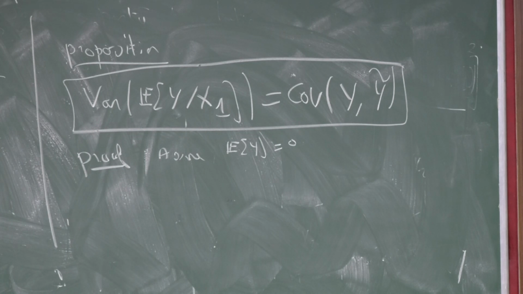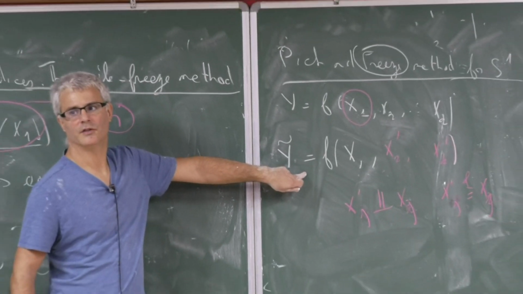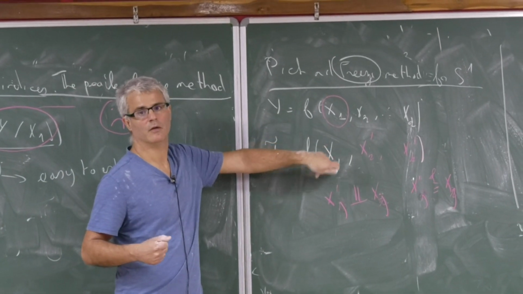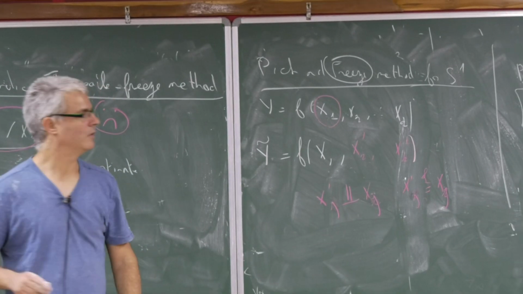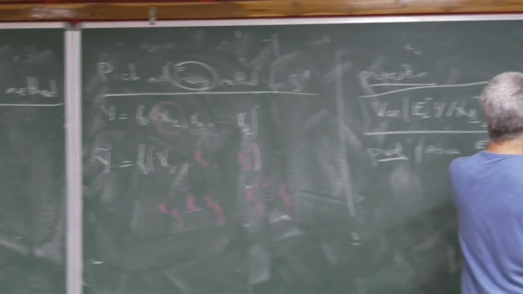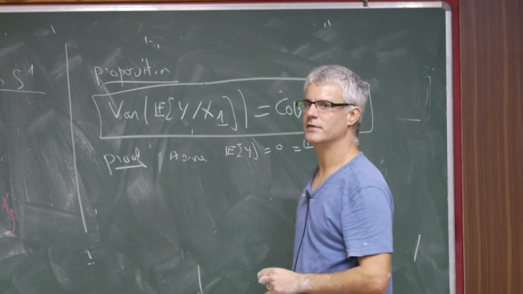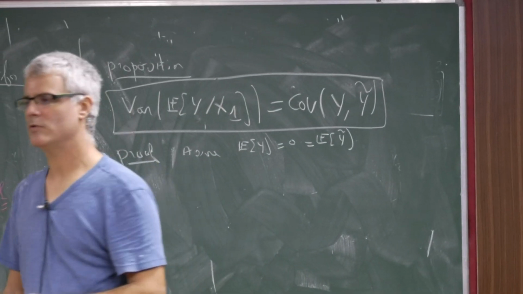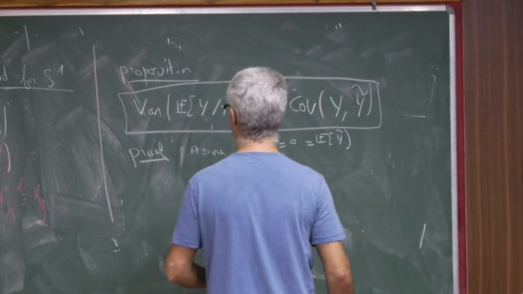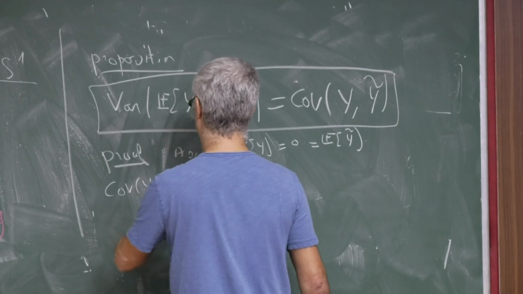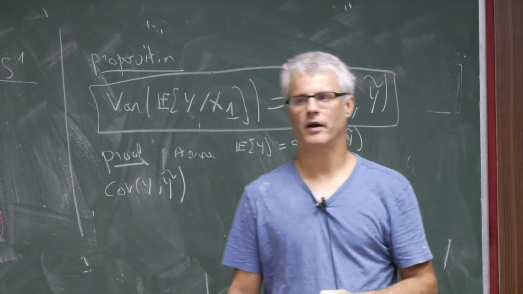Obviously, y and y tilde have exactly the same distribution. They are not independent, because here I have the same x1, but they have the same distribution. So if E of y is equal to 0, I also have that E of y tilde is equal to 0, because they have the same distribution. Now let's compute the covariance of y and y tilde.